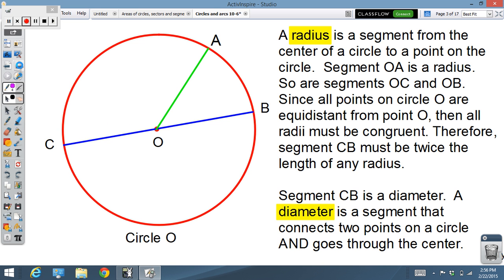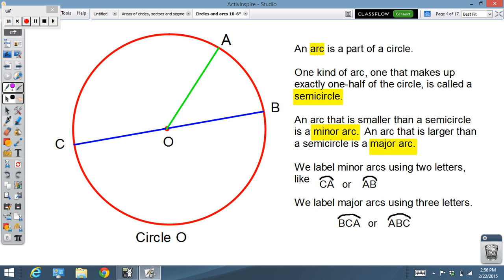All right? Radius, diameter. Now, maybe something new here. An arc is a part of a circle. So if I were just to color this little part of the circle between A and B purple, that's called an arc, okay? Now, specifically that's called a minor arc. And a minor arc is defined as being smaller than a semicircle.